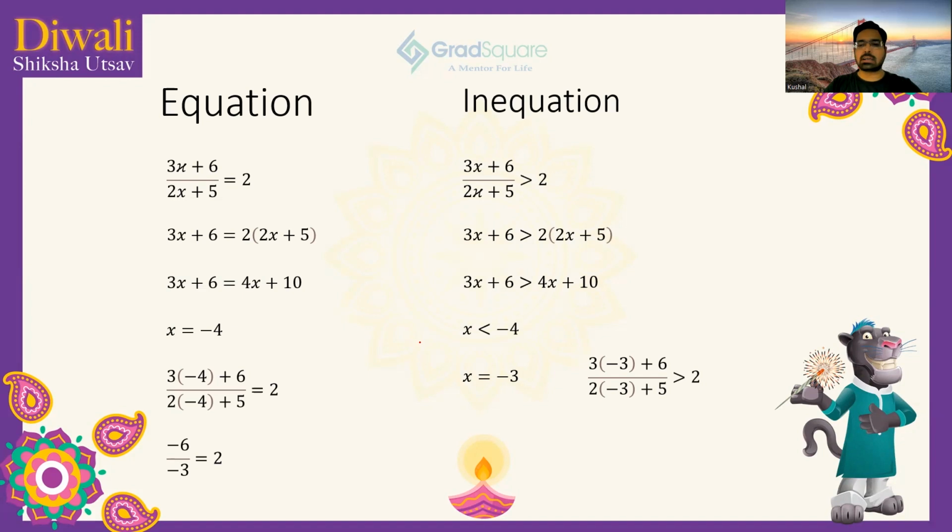Is it turning out to be greater than 2 or not? You will realize minus 3 by minus 1, which is 3, is greater than 2. And hence x equals minus 3 is a correct solution, which was neglected in the solution we had found. That means we had terribly gone wrong with x less than minus 4 as our solution.